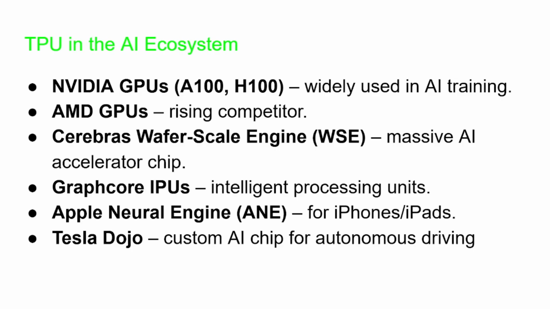I will create a video on the IPU. What is an intelligent processing unit? Apple has also created neural engines for their iPads and iPhones. Tesla is also coming into the picture with customized AI chips for autonomous driving.